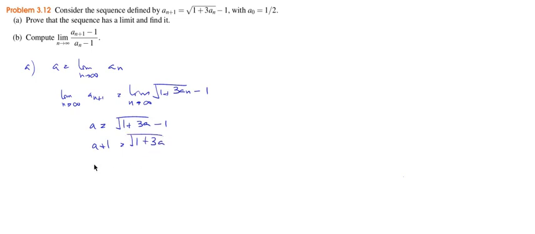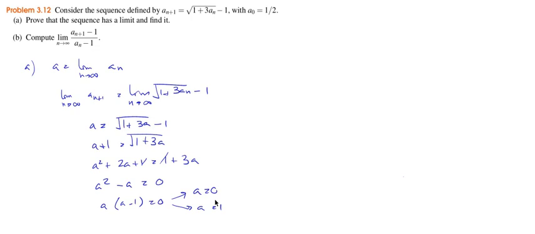We square both sides, so then we have a squared plus 2a plus 1 is equal to 1 plus 3a. 1 and 1 cancel each other out, and then we have a squared minus a is equal to 0, so we have a times a minus 1 is 0. So it's either a equals 0 or a equals 1. Okay, so a can have two possible values, one of these two.